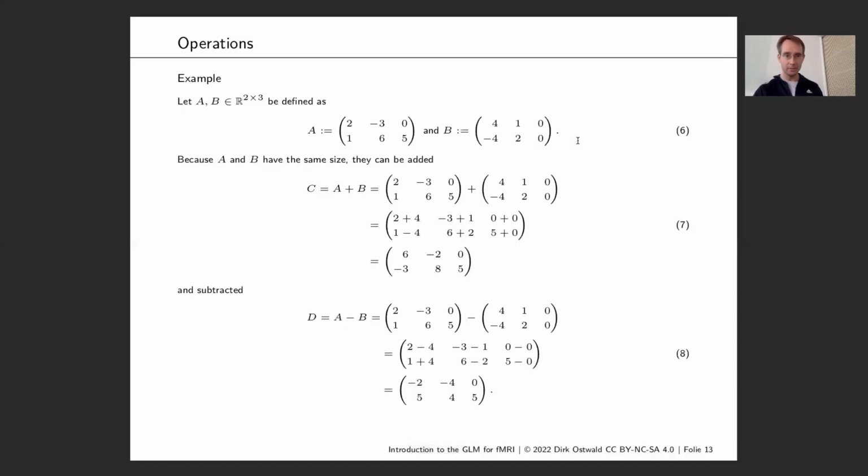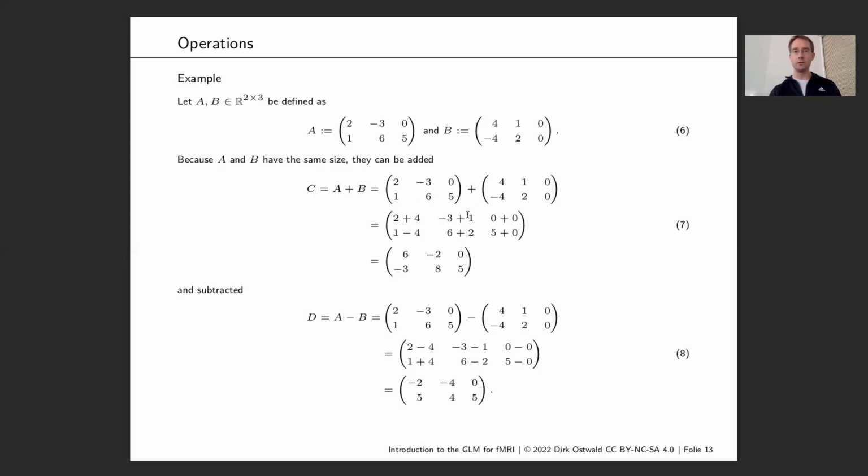So let's look at examples. If we have 2 times 3 matrices, here we have 2 rows and 3 columns, and these are the numbers that we have: 2, minus 3, 0, 1, 6, 5, and 4, 1, 0, minus 4, 2, 0. Now, if we want to add them, we add their elements. 2 plus 4 is our first element here.